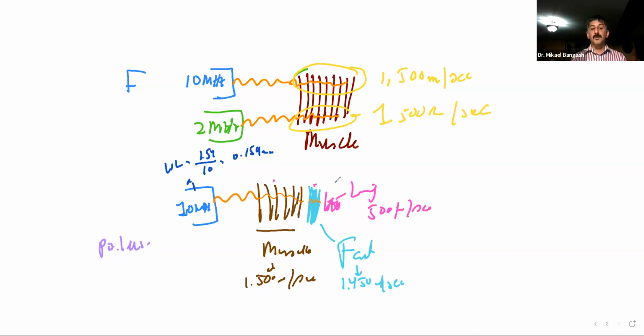And what is going to determine that change in the speeds? That's because the speed of sound is going to be determined by the medium itself, which in this case was muscle, fat, and lung. Although, yes, we had the same transducer.